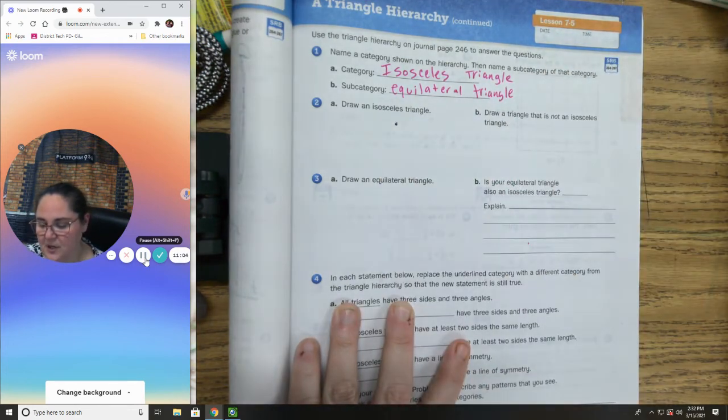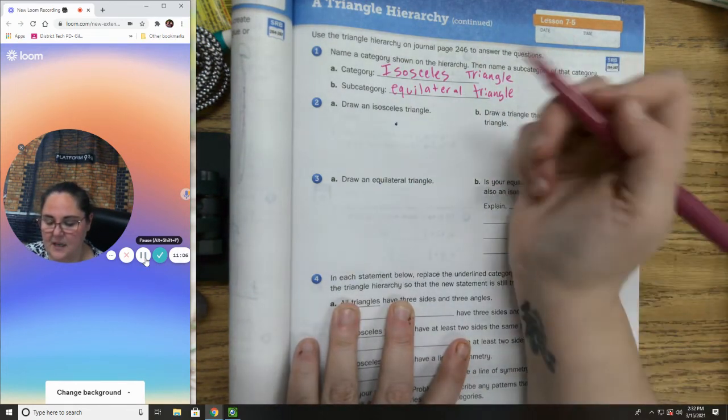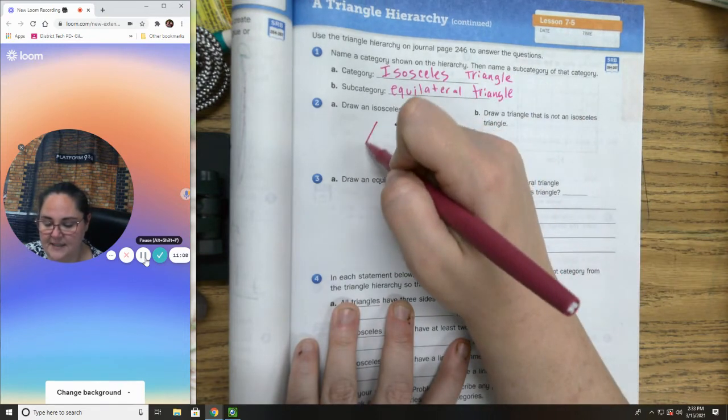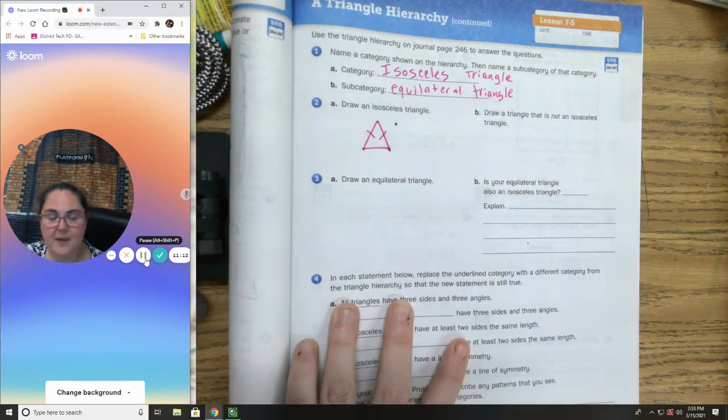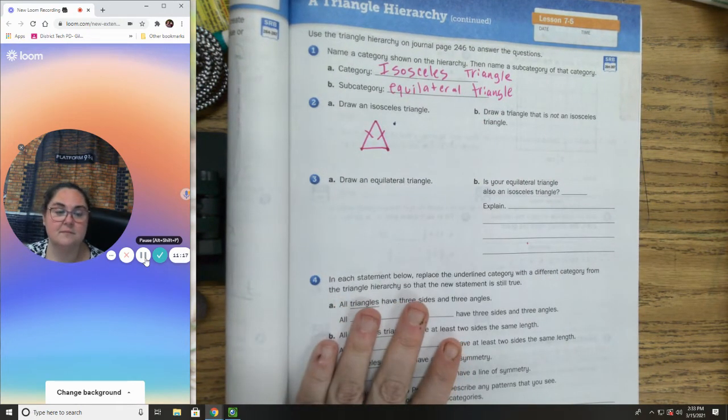So it says first, draw an isosceles. Okay, I know it has to have 2 equal sides. So that's an isosceles. And I'm going to show that it's isosceles because I put my tick marks. Okay, B, it says draw a triangle that is not isosceles.